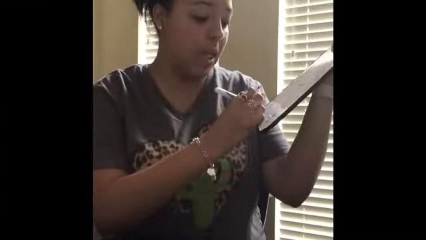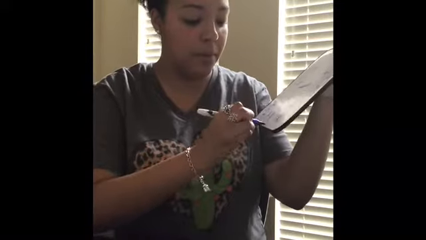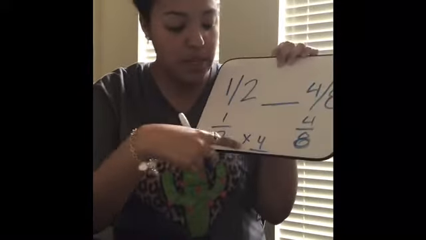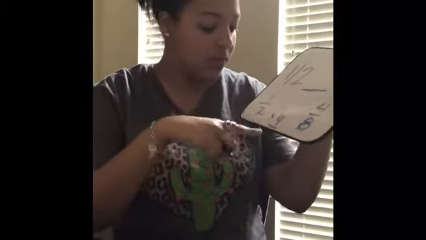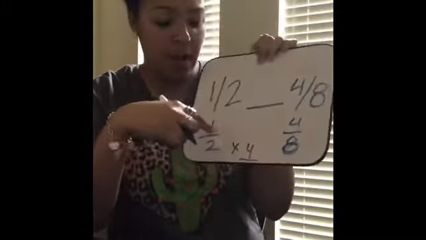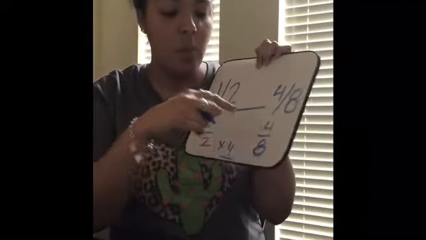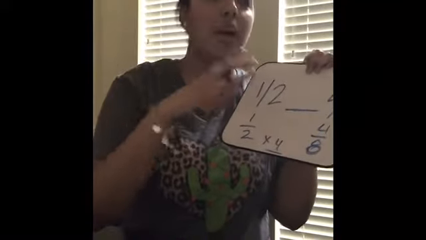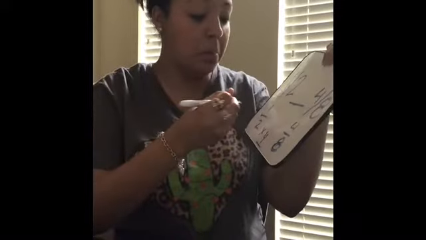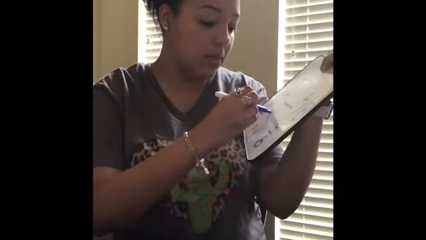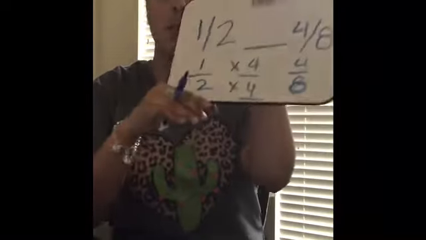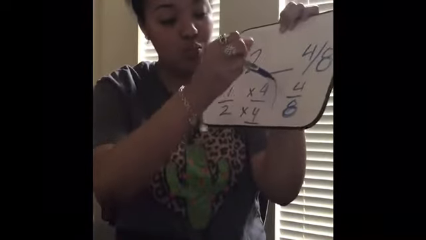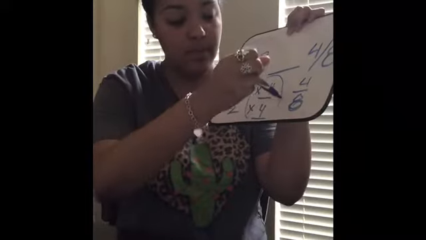We can multiply by 4, because 2 times 4 equals 8. Okay, how can we get from 1 to 4? What can we do to get from 1 to 4? We can multiply 1 times 4. What do you notice? Ooh.